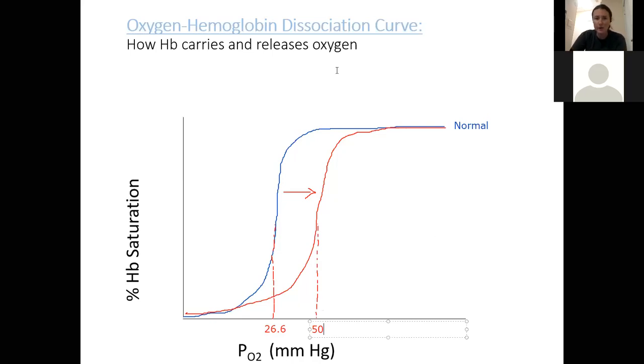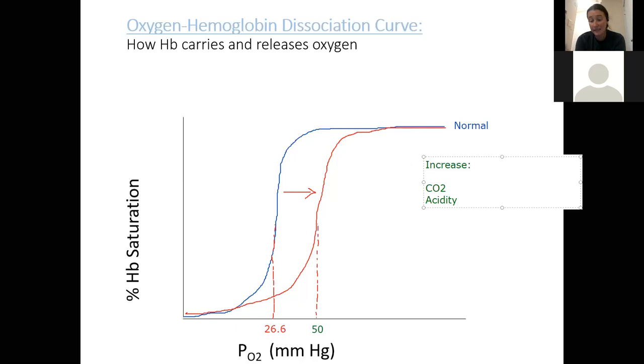And so exactly what can produce these changes? An increase in all of these things. Carbon dioxide, right? When CO2 goes up, that essentially means that our body is needing more oxygen, so we want to unload more of it to our tissues.